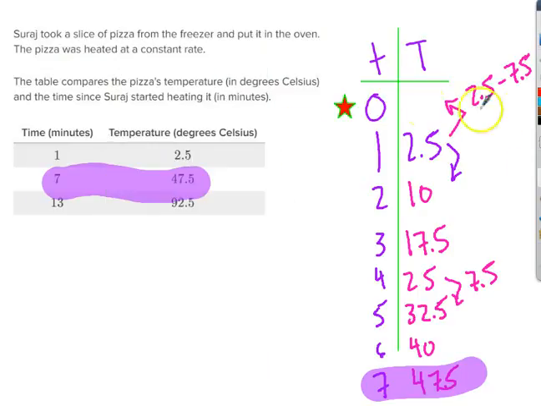That makes sense because he took this pizza out from the freezer, and things that are in the freezer are less than 0 in Celsius. So this is a frozen pizza, and that's the reason why its temperature was negative. So this equation was 7.5 times x minus 5, because it started out at -5 and it increased by 7.5 degrees every minute. And that is us for this page.